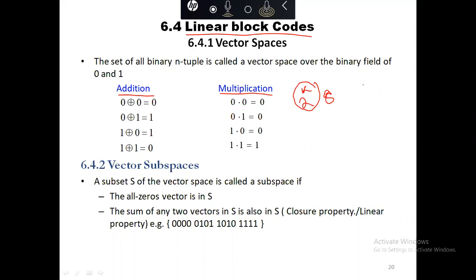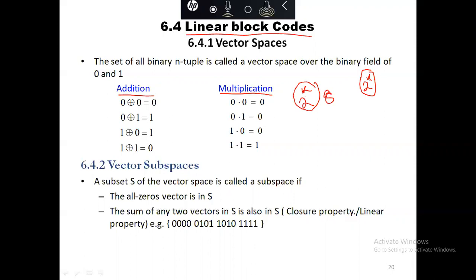and we have the code word of length n. So it means I need 2 raised to power k code words from this larger vector space. For example, k is 2 bits, n is 4 bits.